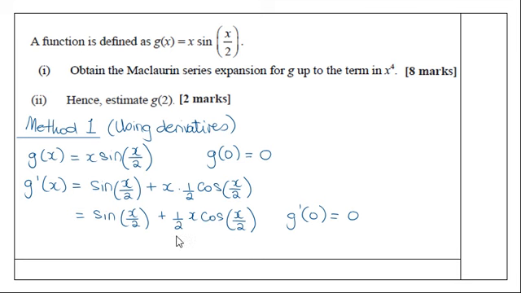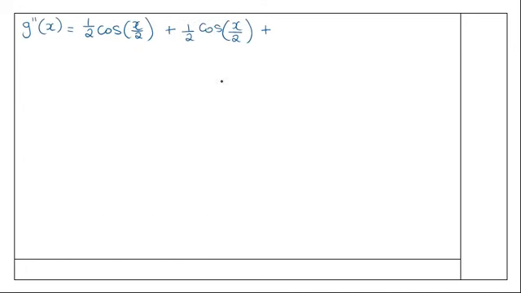So that's going to be half x times, remember chain rule for this, will give us negative half sine of x over 2. So keep the first, which is a half x, times, differentiate the cos. You know, when you differentiate cos, you get negative sine. So we're actually going to get negative half sine of x over 2 because of the chain rule.